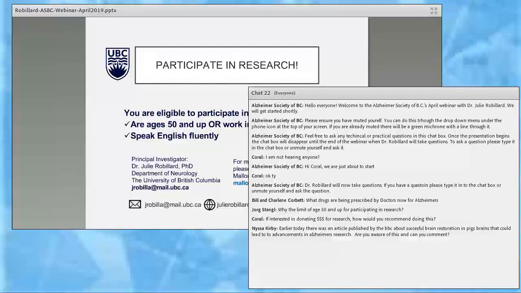There is another question that came in saying, earlier today there was an article published by the BBC about successful brain restoration in pigs, and how it could lead to advancements in Alzheimer's research. Am I aware of this, and can you comment? I have not seen this specific article, as I have been preparing this webinar for most of my morning, but my immediate thoughts are, well, first of all, who wrote the article? Second of all, how current is the information, et cetera.